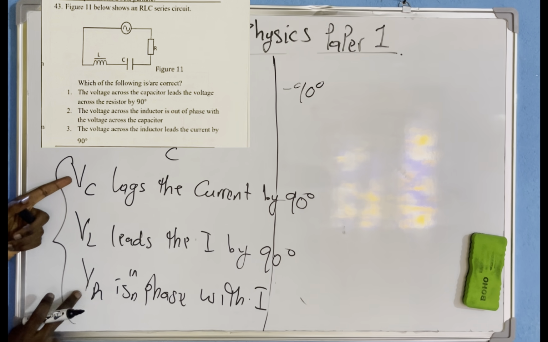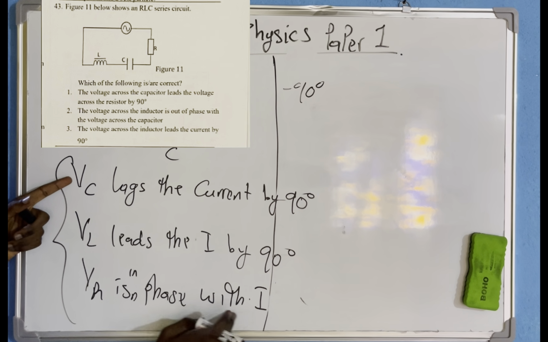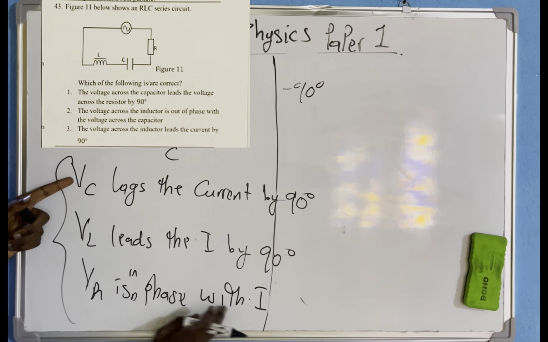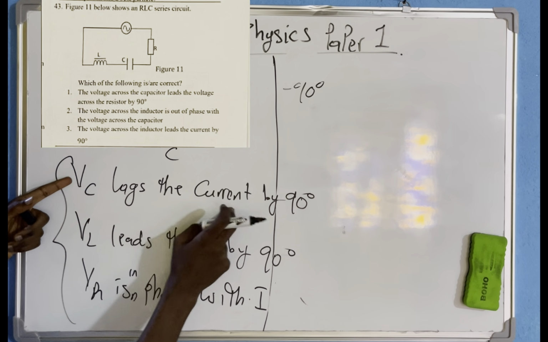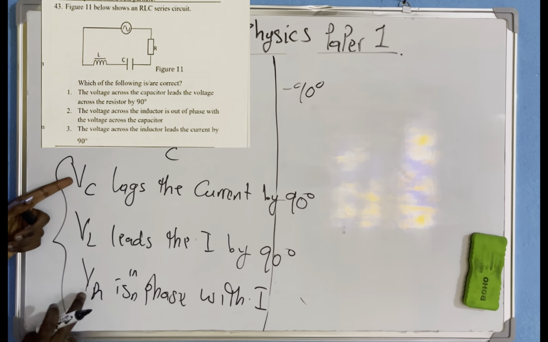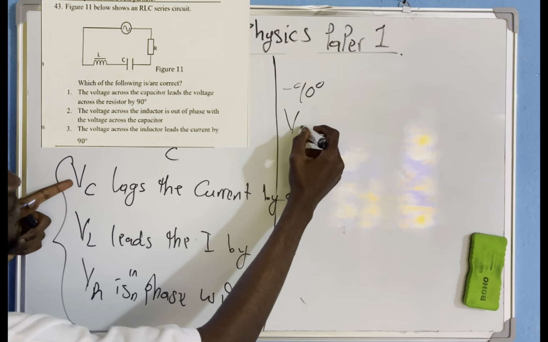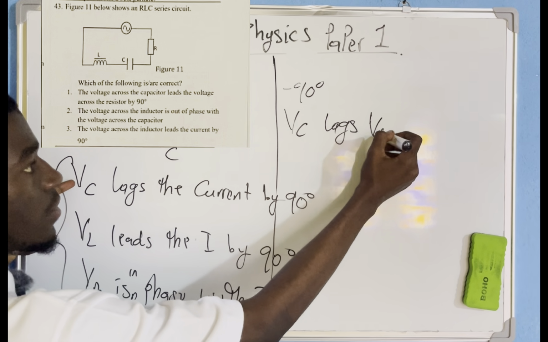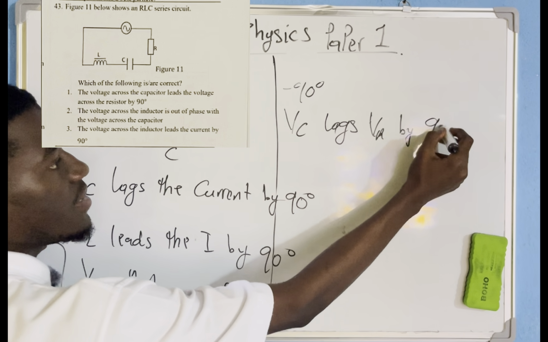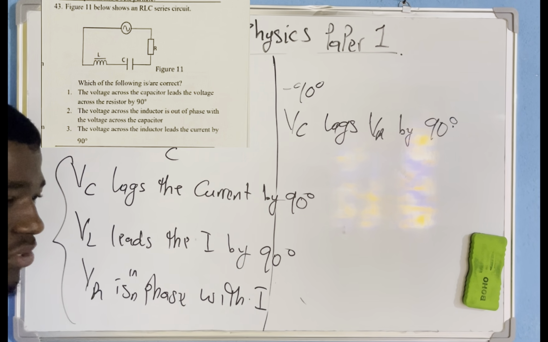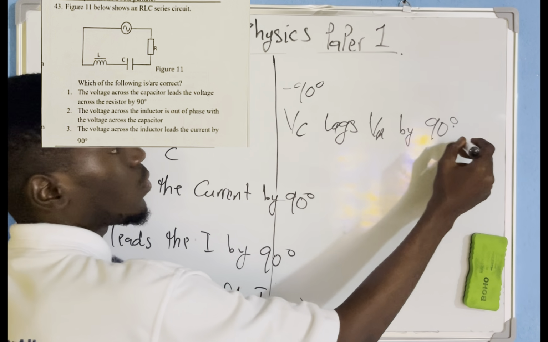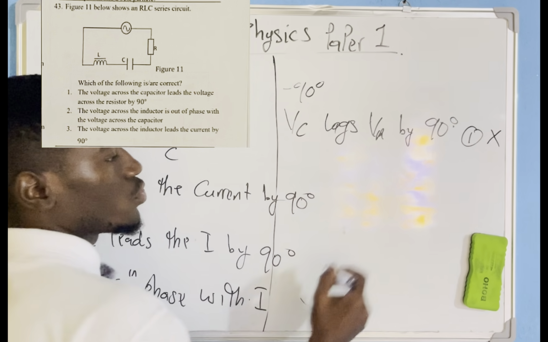The voltage across the resistor is in phase with the current, so the angle between them is zero. Therefore VC also lags VR by 90 degrees, making statement 1 wrong.